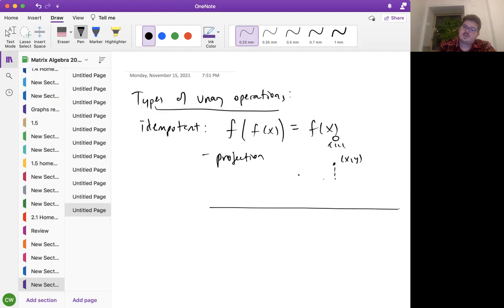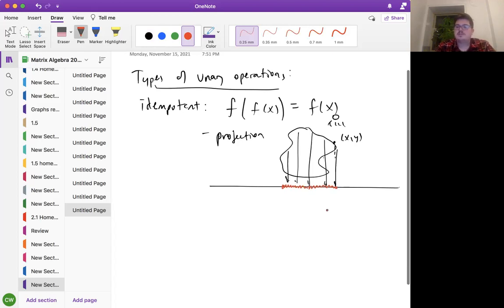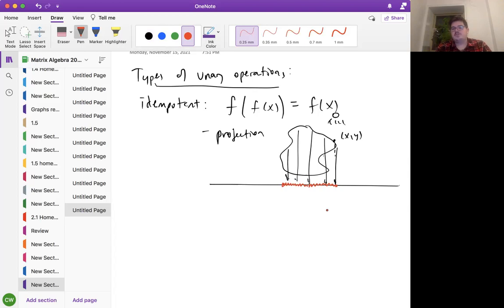It could even be a whole object. You shine a light directly onto it, and it casts a shadow. If you do it again, the shadow is already on the ground, so doing it twice is not going to do anything.